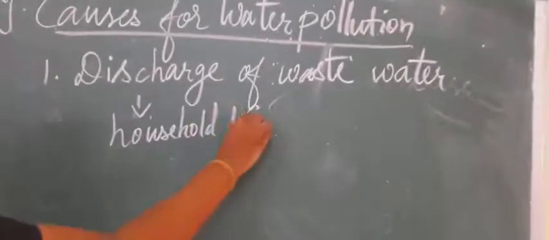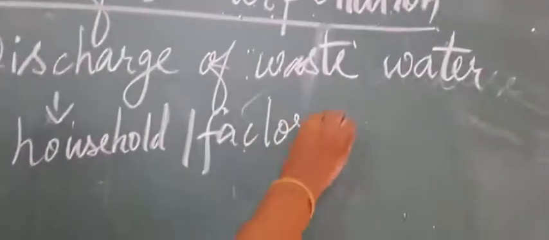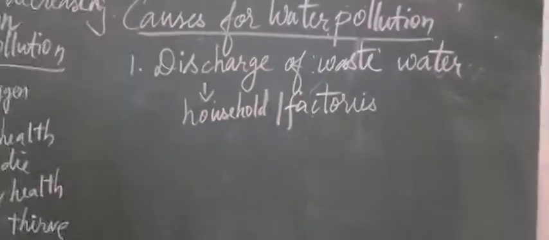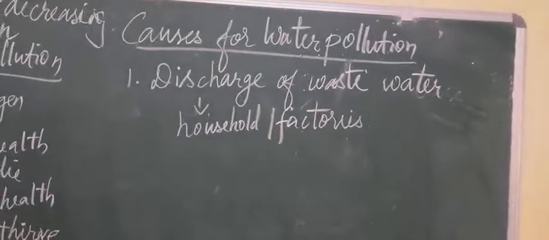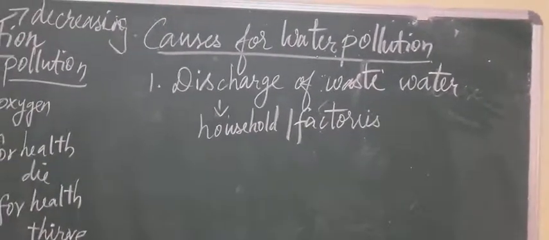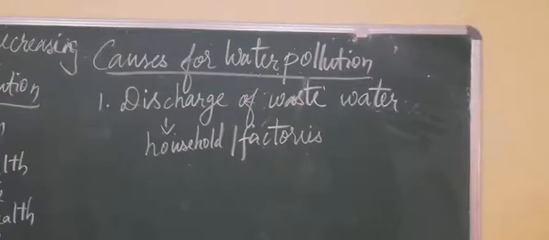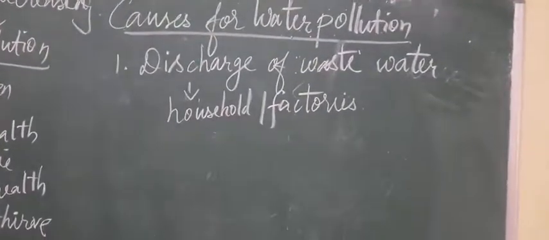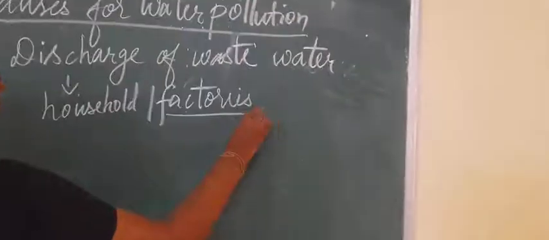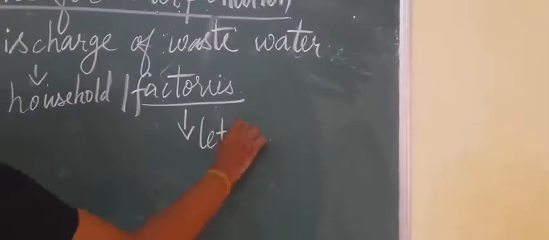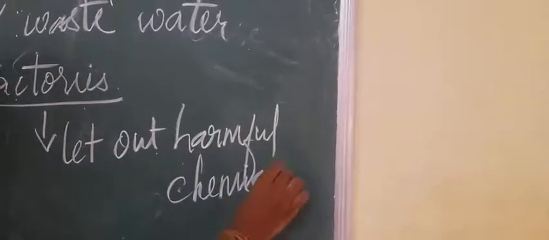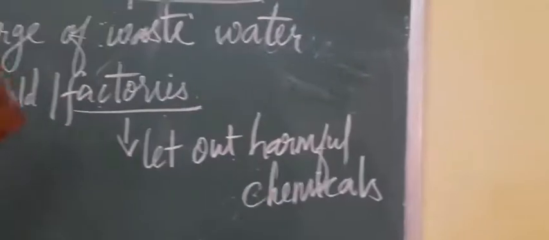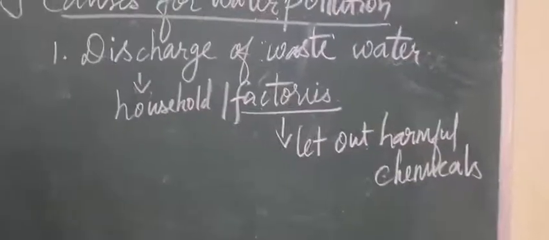And also from the factories, the dyeing factories and other things, they let a large amount of waste water flow into the water bodies. Those waters which mingle in the lakes and rivers contain harmful chemicals, because they come out from the factories where they use a high amount of chemicals.